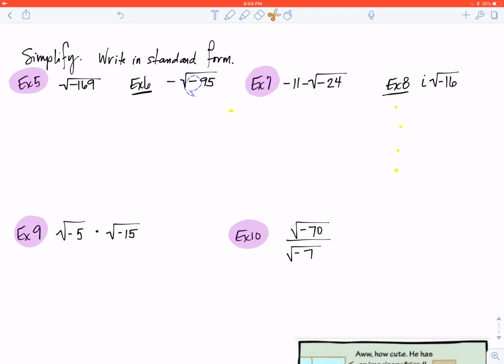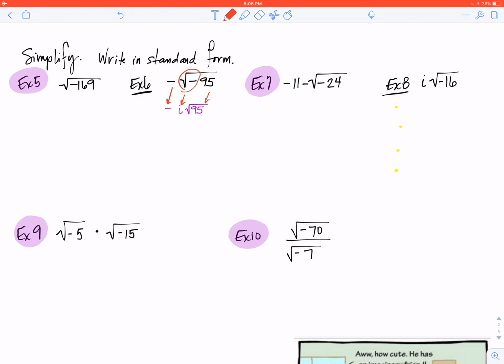So we're going to take the square root of the negative, turn that into an i, and we'll leave the 95 alone where it is. And so the negative from the outside stayed put. The square root of my negative became my i, and the square root of 95 stayed the square root of 95.